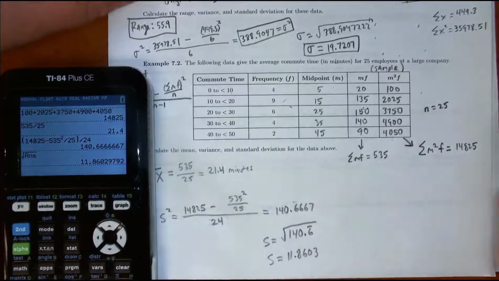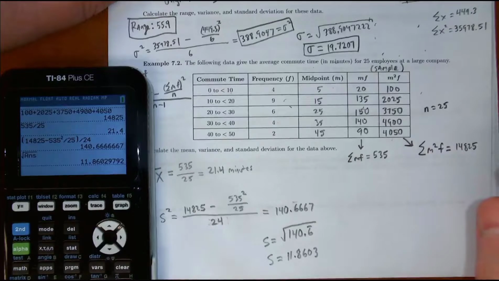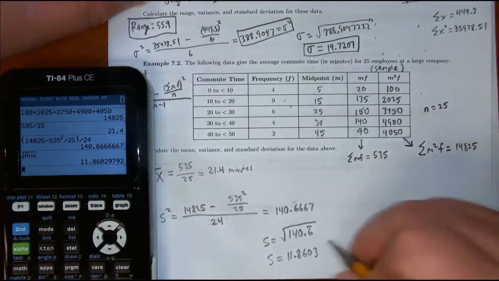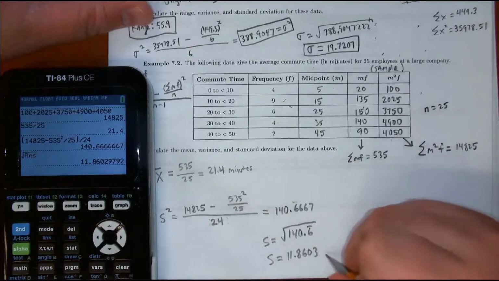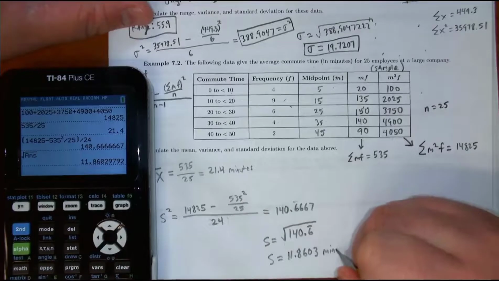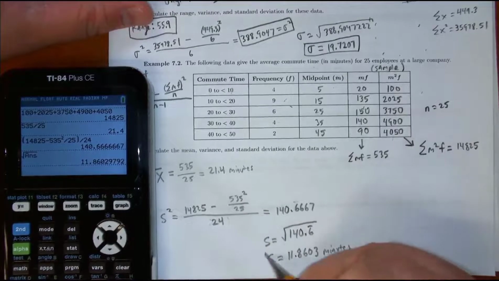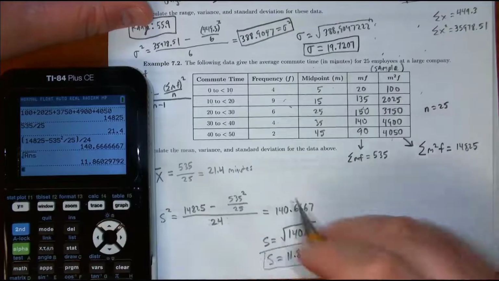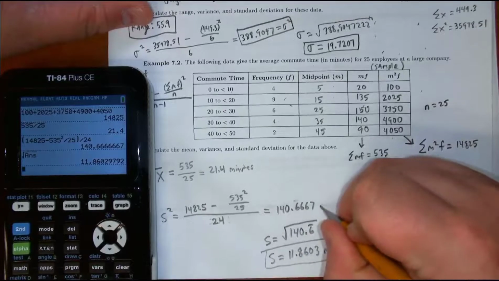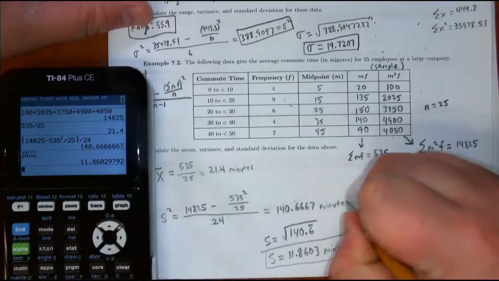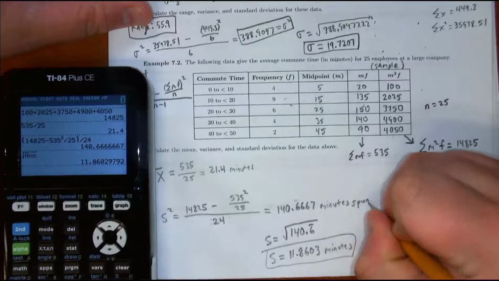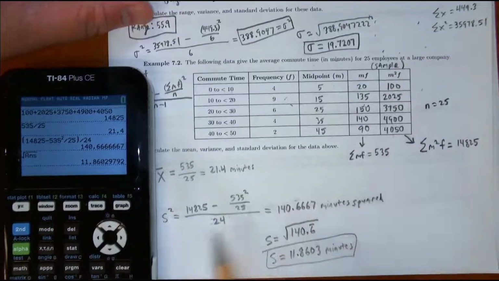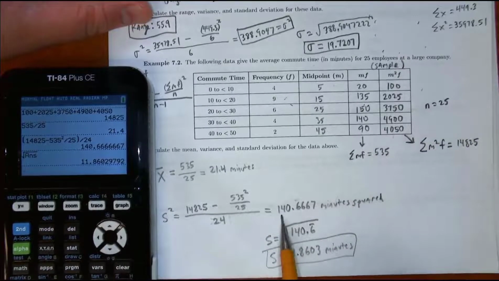You know, sometimes it'll make no difference at all. You'll get the exact same answer if you use the rounded version, but sometimes you won't, and it's better to be safe than sorry. By the way, standard deviation is always in the original units, the units of the original data. Variance is in minutes squared, which really doesn't have any good practical interpretation.